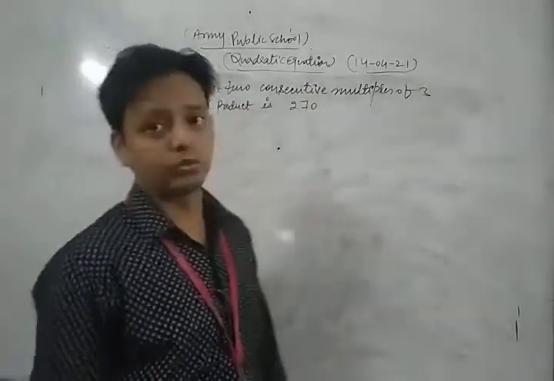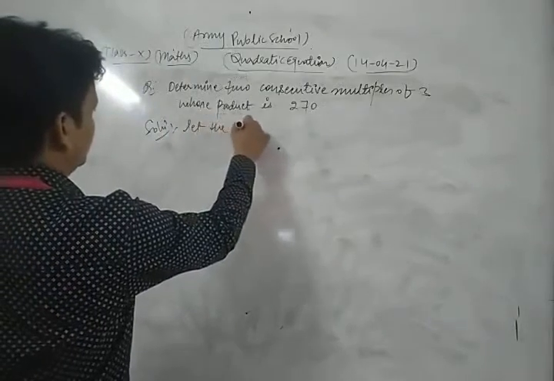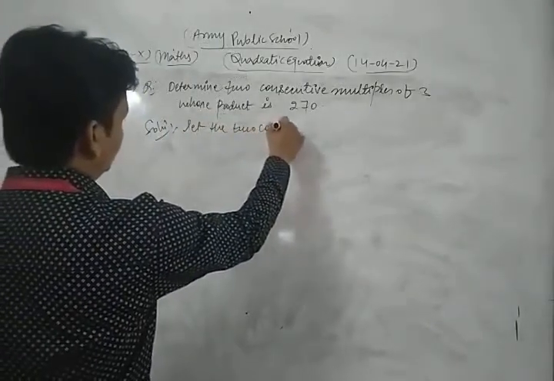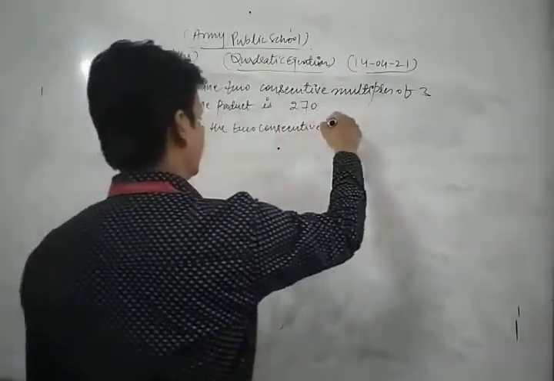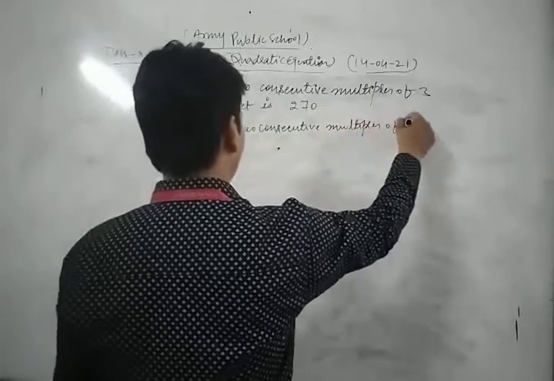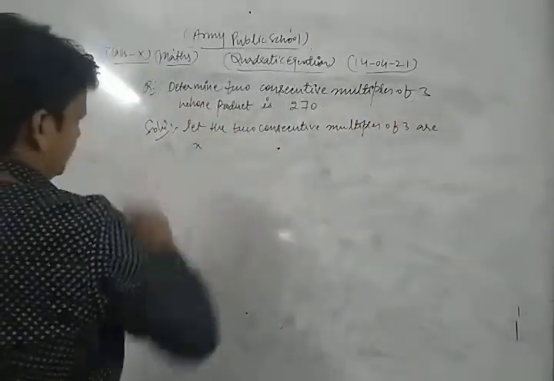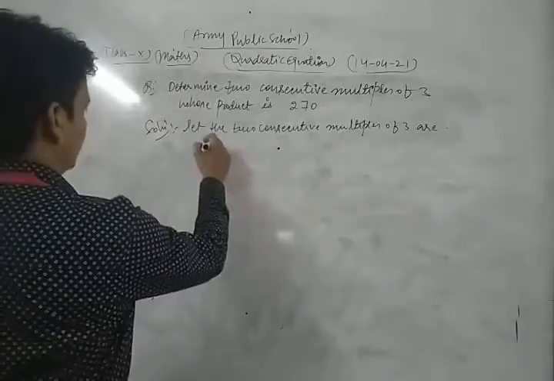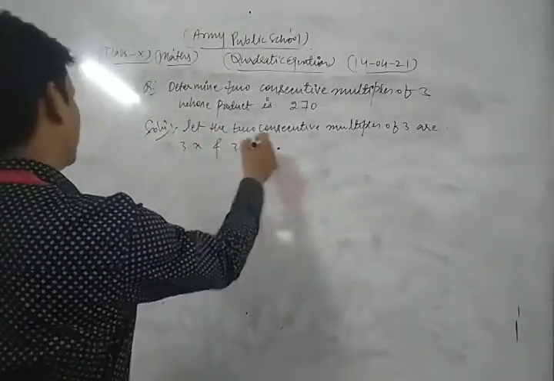First of all, let the two consecutive multiples of 3 be 3x and 3(x plus 1).